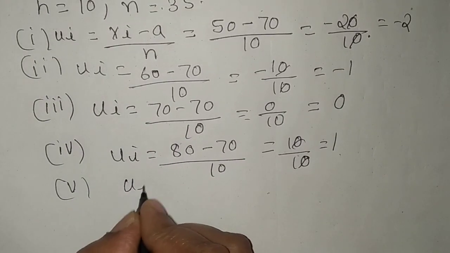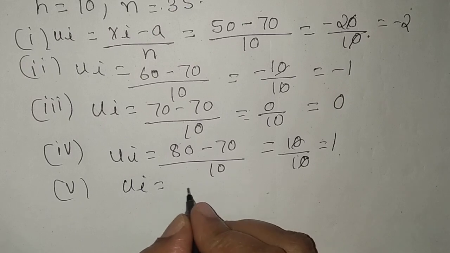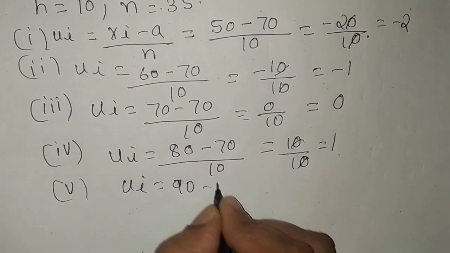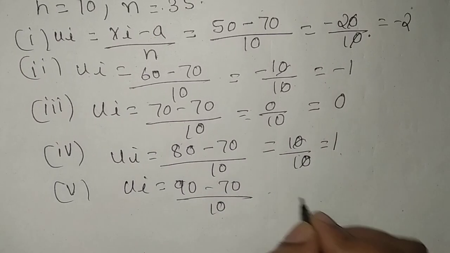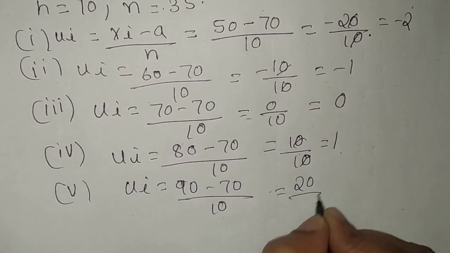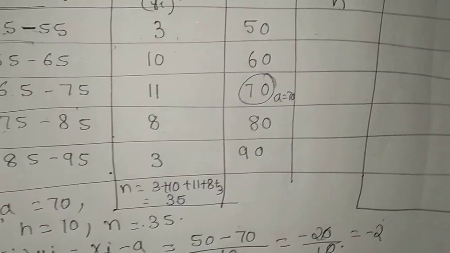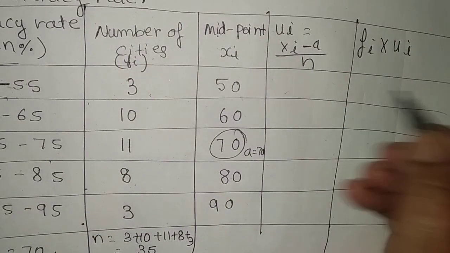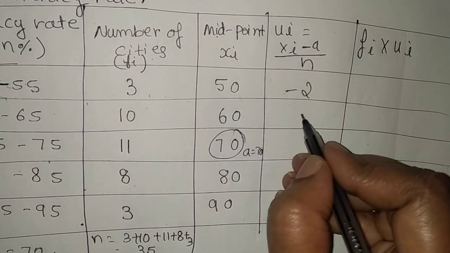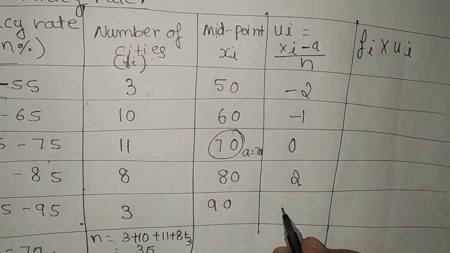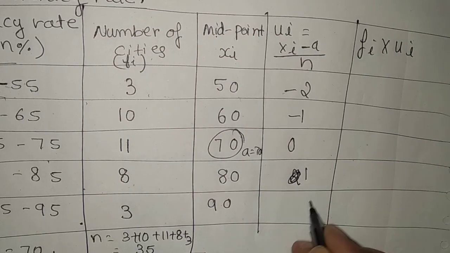Fifth is ui is equal to 90 minus 70 by 10, which is 20 by 10, which is equal to 2. Substitute all the values in the table. So we have minus 2, minus 1, 0, 1 and 2.